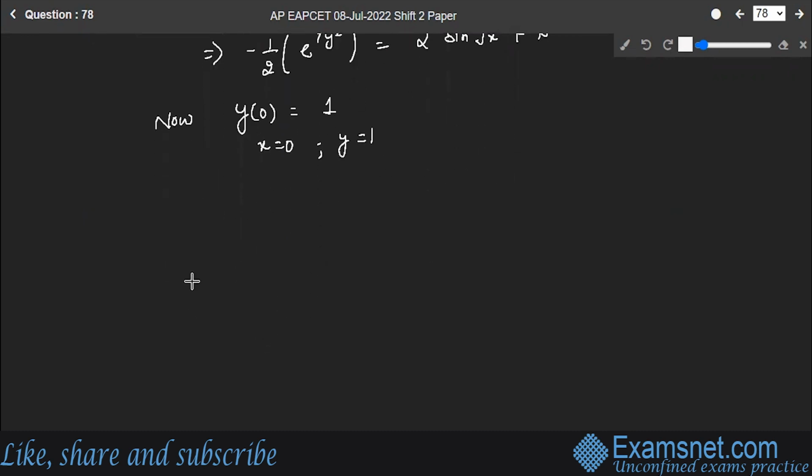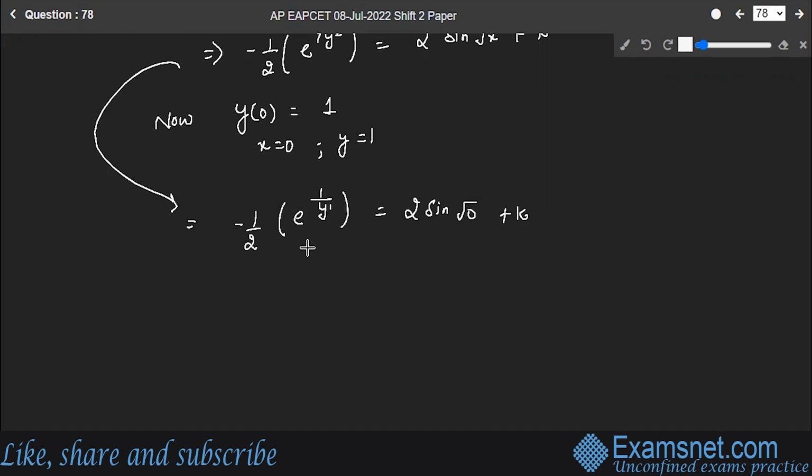So this will be minus 1 by 2 e raised to power 1 upon y, as y is 1, equal to 2 sin √0 plus k. Sorry, y was 1 over here, so this will be e raised to power 1, and this will be minus e by 2 is equal to 2 sin 0, which is 0. So k becomes minus e by 2.